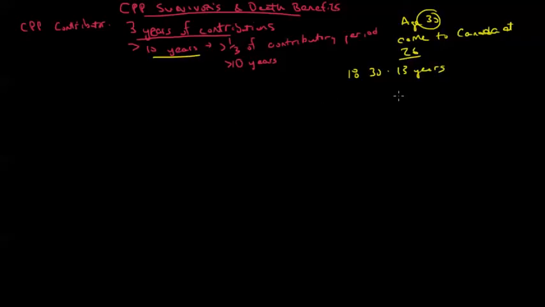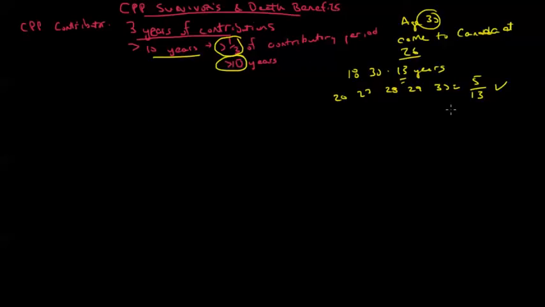That puts us in the second category. So then the question we have here is, did they contribute for more than 10 years? No, they didn't. Did they contribute for more than 1/3 of their contributory period? So they contributed for the years 26, 27, 28, 29, and 30. That's 5 years. 5 out of 13 would put them over that 1/3.